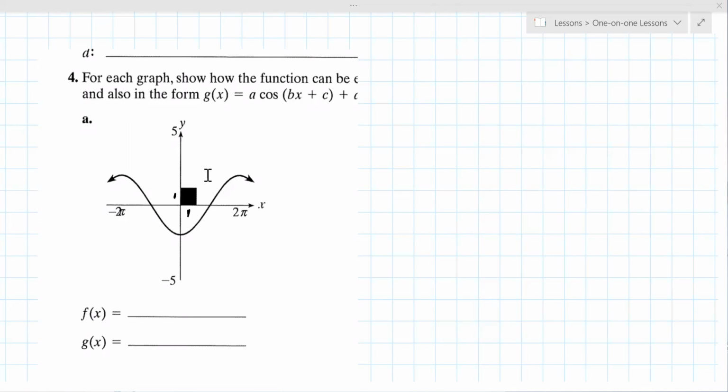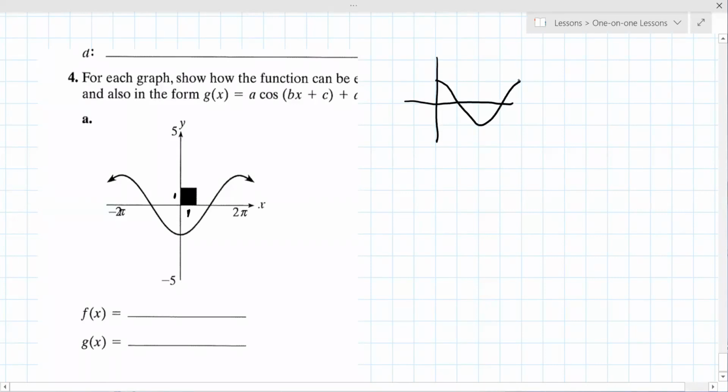This one's tough because you may not know right away what this is. If I draw a cosine, it starts high, comes low, comes back up. That's a cosine. A negative cosine, though, starts low, comes high, and then comes back down. Do you see that this is a negative cosine?